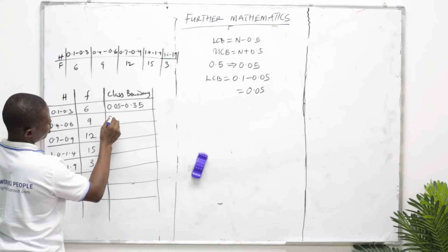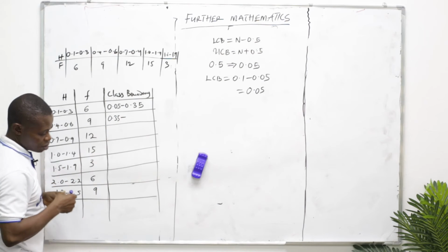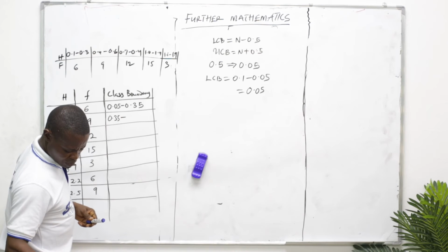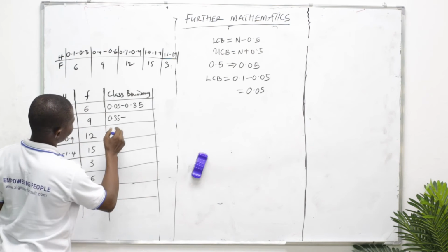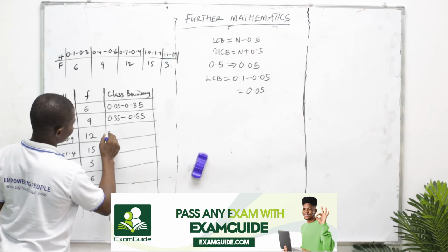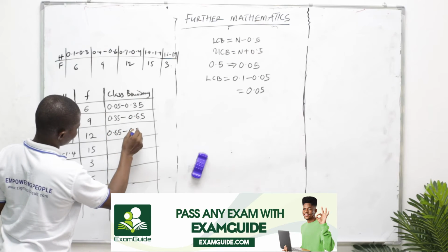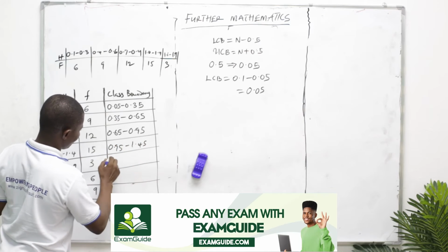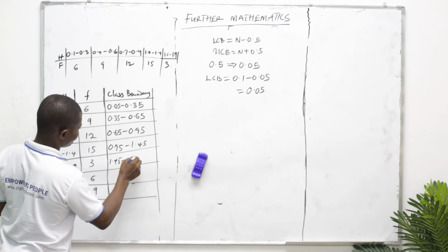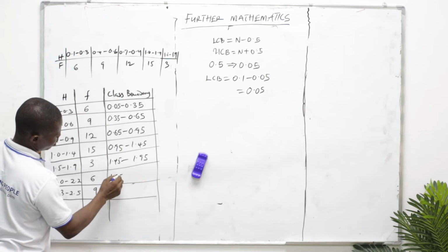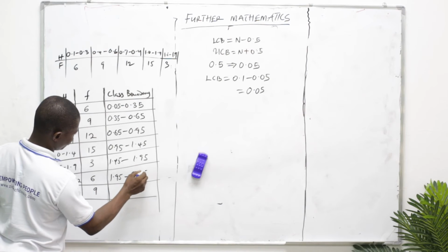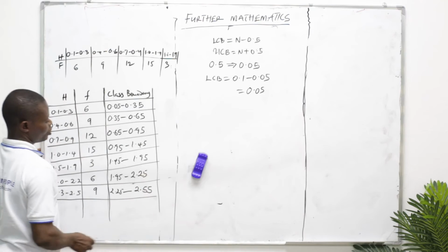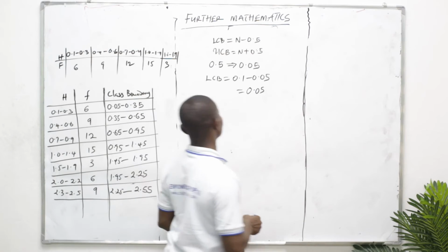Starting point now, 0.35 to 0.65. 0.6 plus 0.05, 0.65. 0.65 to 0.95. 0.95 to 1.45. 1.45 to 1.95. 1.95 to 2.25. 2.25 to 2.55. So this is the table for this histogram.